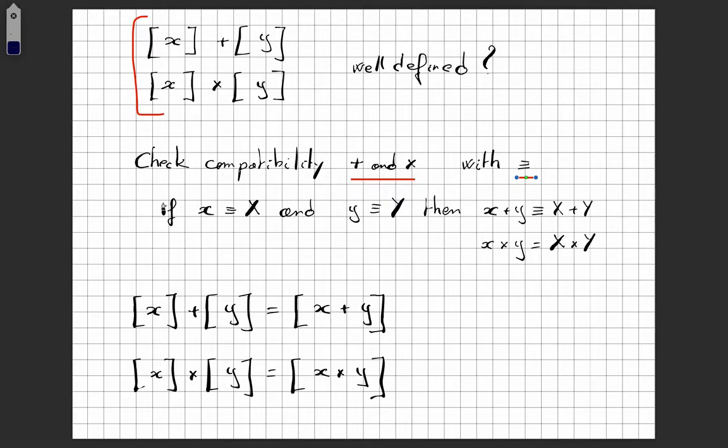And so I have to show that if x is equivalent to big X and y equivalent to big Y, then x plus y will be equivalent to capital X plus capital Y, and x times y will be equivalent to capital X times capital Y. This is not particularly difficult to do, and once you've done it, you can indeed define addition and multiplication of equivalence classes as the equivalence class of the addition and the multiplication.